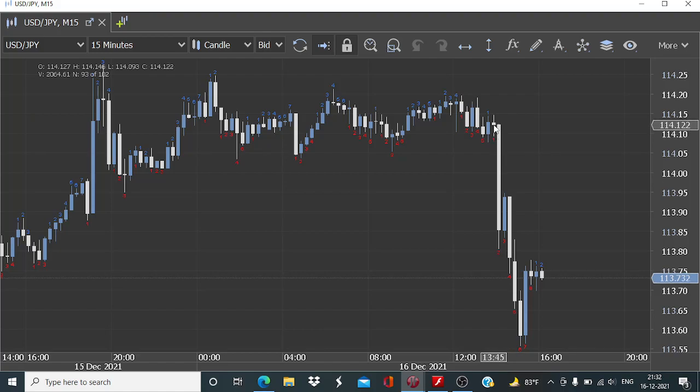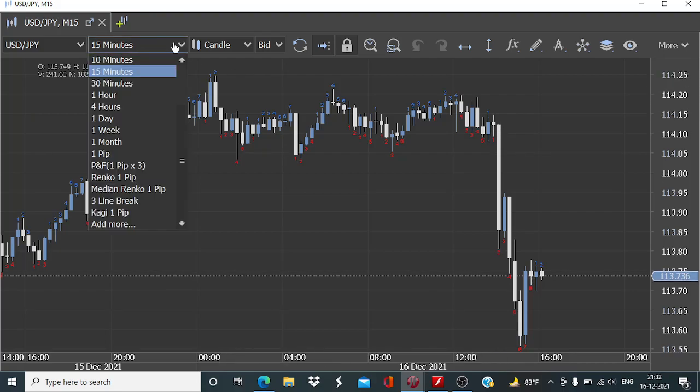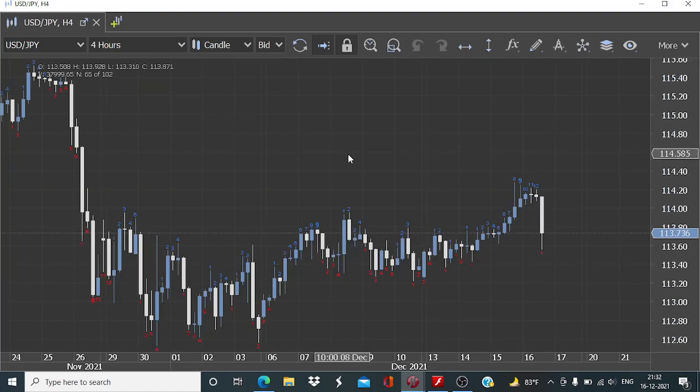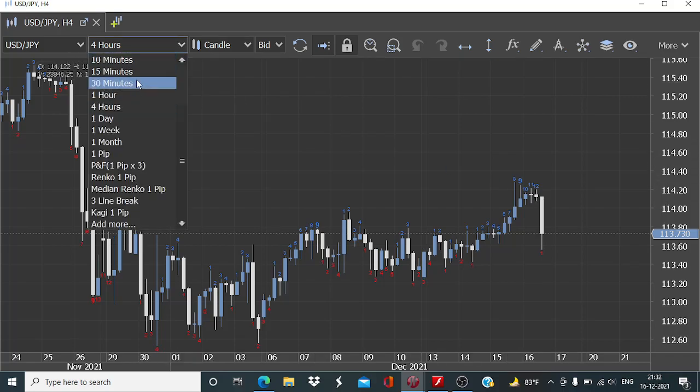We need the last 15-minute candle close to be lower than its opening price. The same thing will need to be observed on the 4 hourly candle also. The last 4 hourly candle closing value should be less compared to its opening value. So this will be the requirement on the price action front.